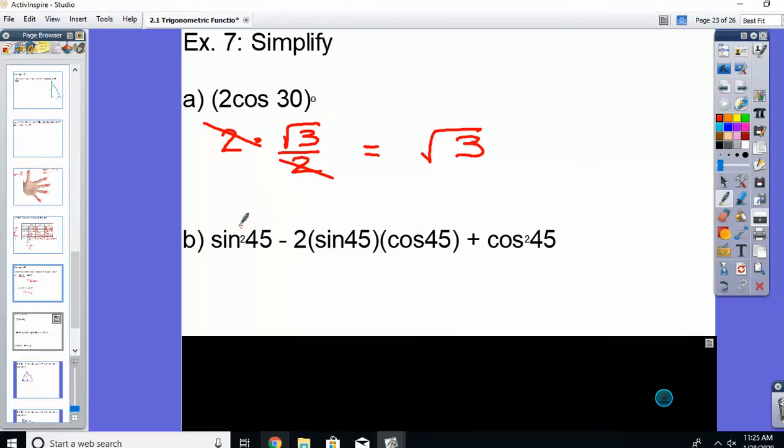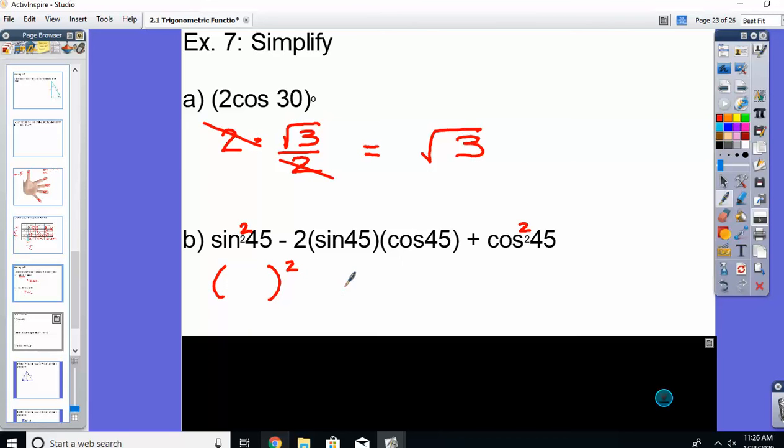Okay, this one, it's really hard to see. This is a sine squared 45 and a cosine squared 45. So sine squared 45, that means you're going to take the value of the sine of 45 and then square that answer.